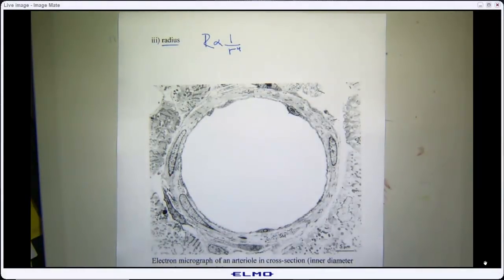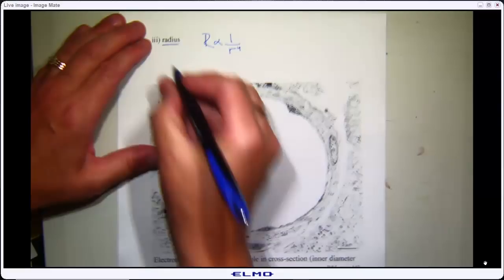So how does the body control radius? Now we're talking about controlling vascular smooth muscle contractile state. Okay? That's all we're doing.